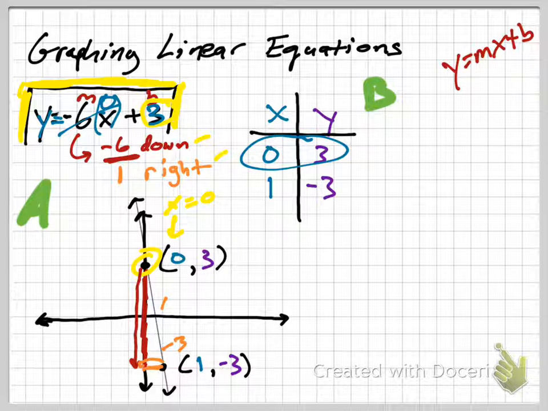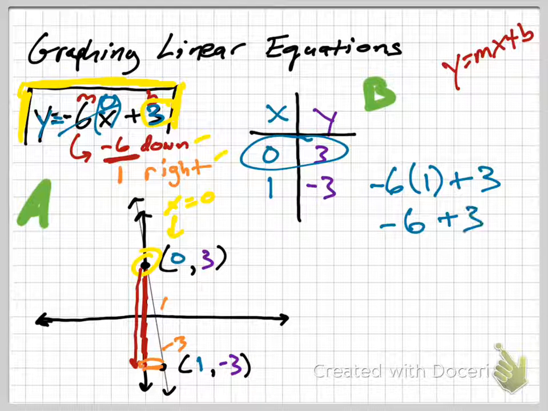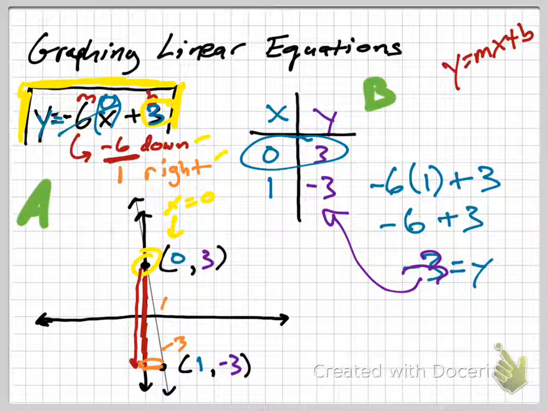We need another point, obviously, so 1's always a good point to plug in, so we can do -6 times 1 plus 3, and that equals -6 plus 3, which equals -3. And we see that right there. So now we have 2 points, we can make our line.